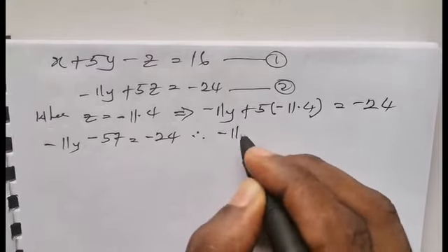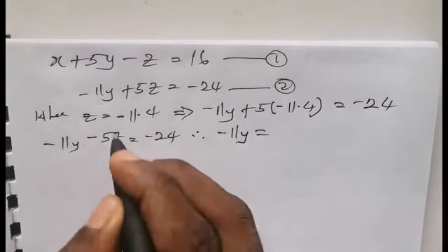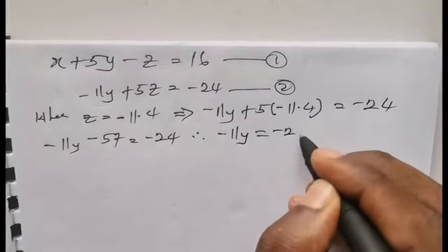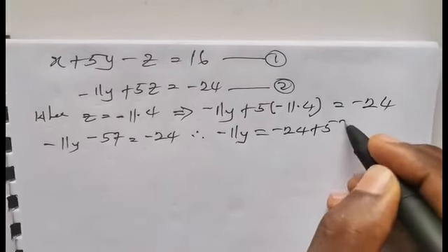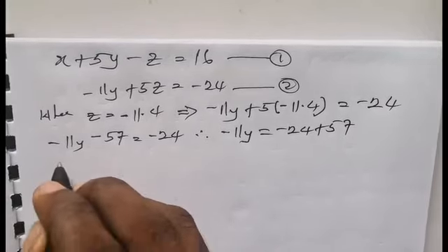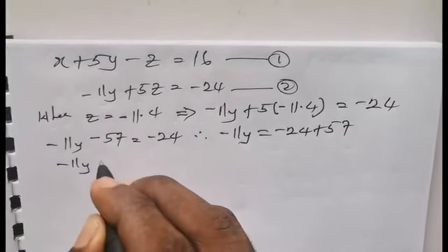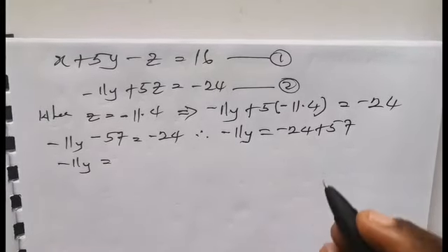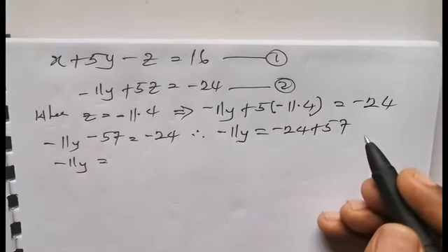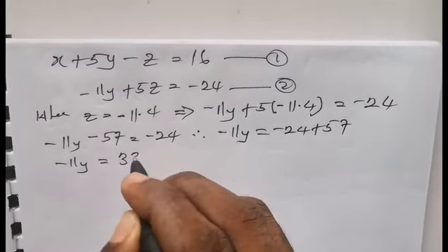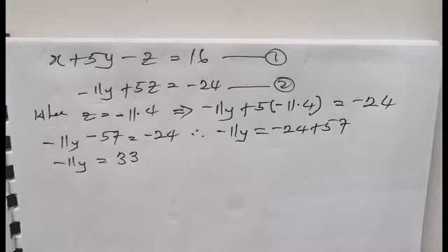Therefore, negative 11y is equal to, let's simply send negative 57 over to this side. We have negative 24 plus 57. Okay, so negative 11y is now equal to 33.